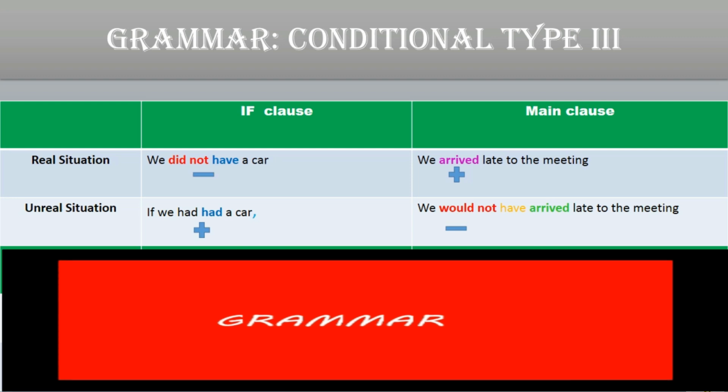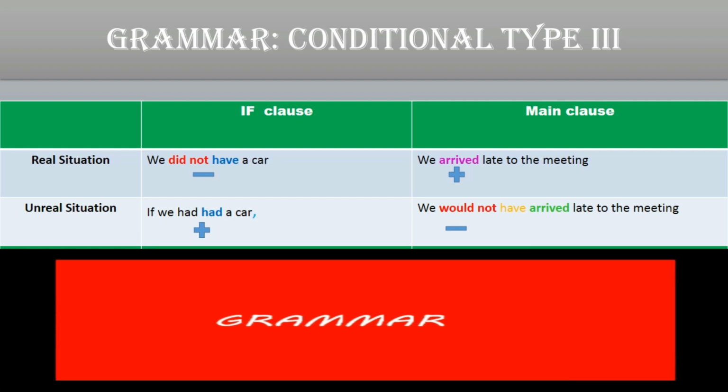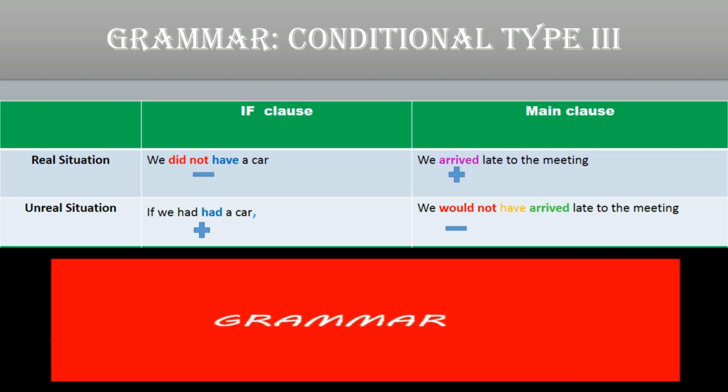The real situation says, we did not have a car, we arrived late to the meeting. That's the real situation that happened in the past. Now, what we are supposed to do to come up with a conditional sentence in type 3 is simply imagine the opposite of that. So what is the unreal situation, or the conditional sentence in type 3 form? If we had had a car, we would not have arrived to the meeting late.